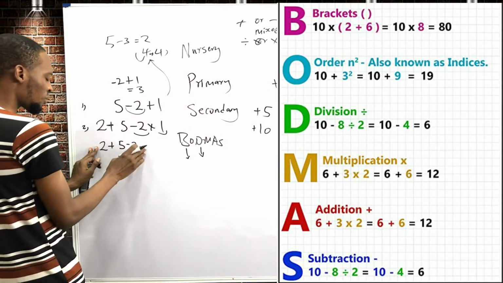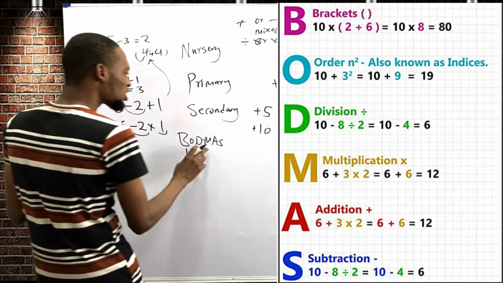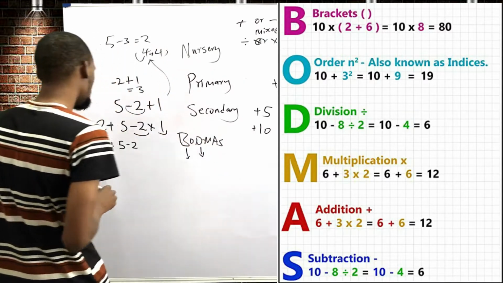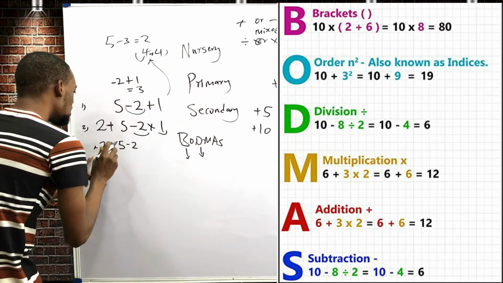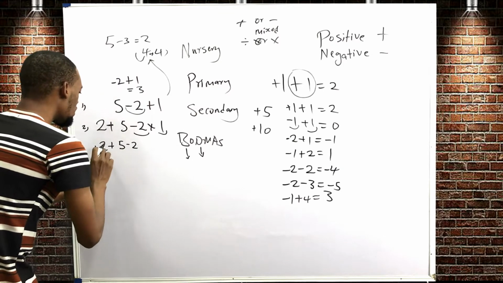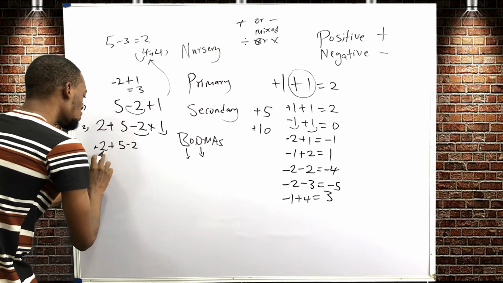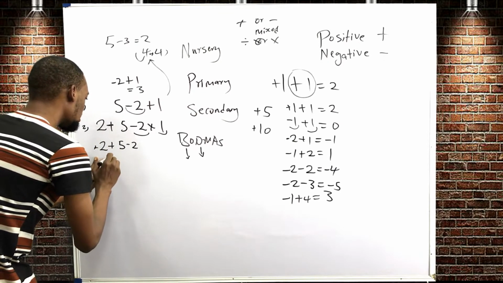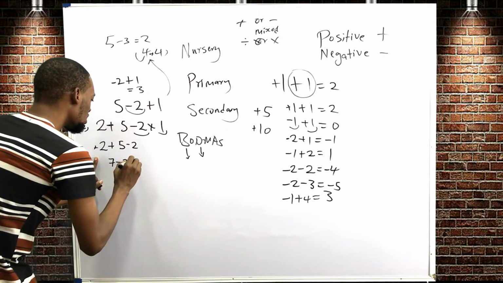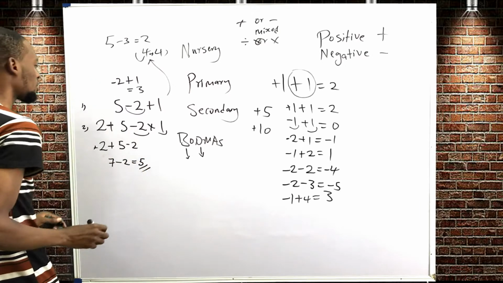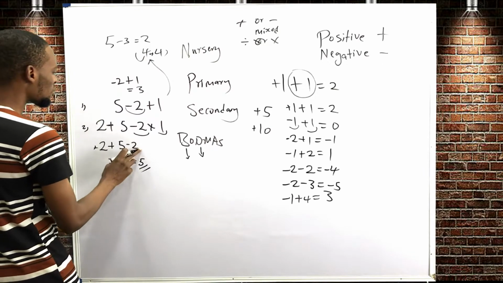So we've broken this down. After multiplication, what next? Addition. So this is plus, this is plus. So you add 5 plus 2 or 2 plus 5 is 7. 7 minus 2. So this is 5. Or better still, 2 minus 2 remaining 5.